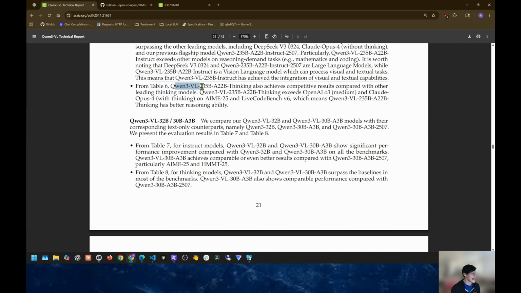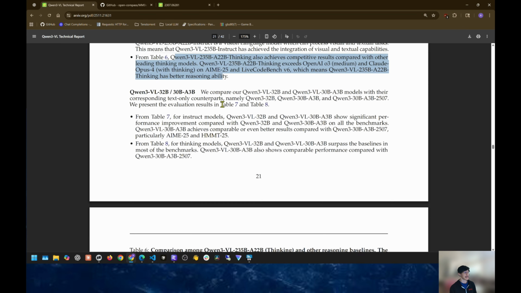For Qwen3 VL 235B A22B Thinking, it also achieves competitive results with other leading thinking models. It exceeds OpenAI o3 medium and Claude Opus 4 with thinking on AIME 25 and LiveCodeBench v6, which means it has better reasoning ability.